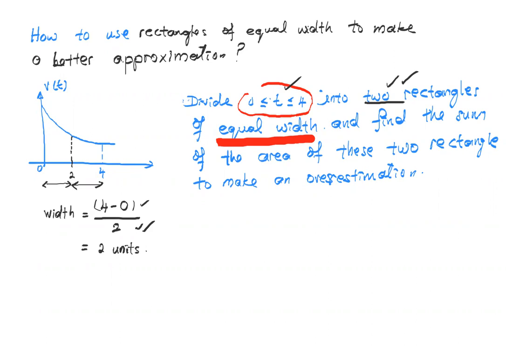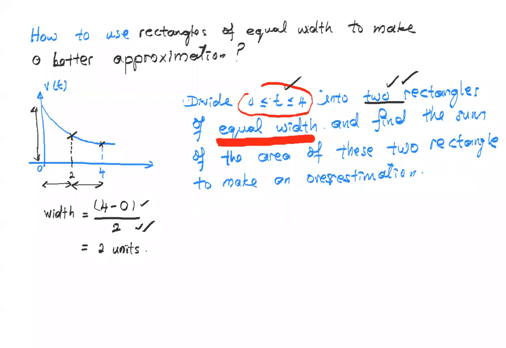So the height of the rectangle will be the coordinates of V(t), am I right? Can I say so? Because it depends on the point. All these points lie on the curve. Okay, so the height here, you can know the height. You can also know the height of this one and this one.